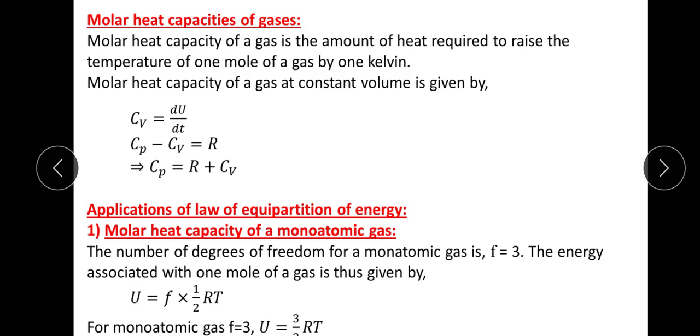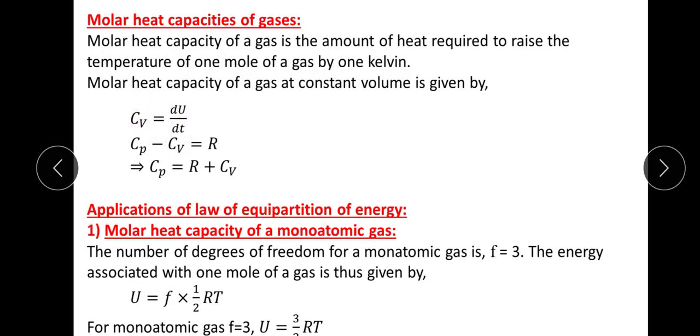But while heating, the pressure of a gas may change or the volume of a gas may change. That is why one quantity is always held constant here. The molar heat capacity of a gas at constant volume is given by Cv is equal to dU by dT. So what do we mean by this?